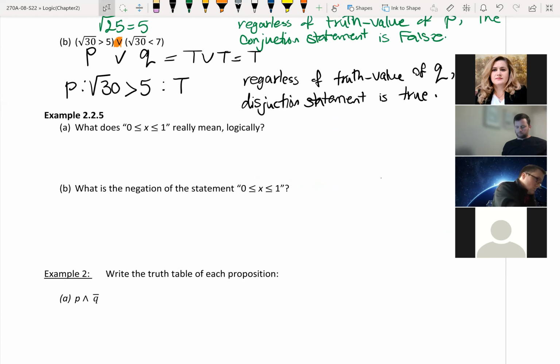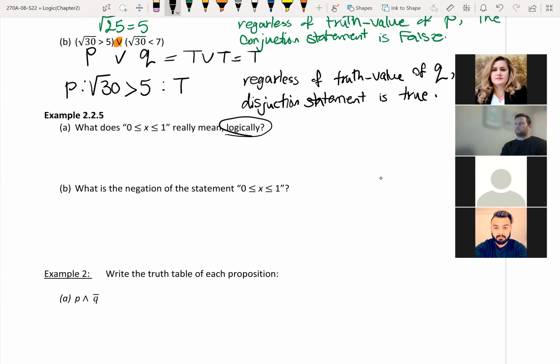Question here. How do I write x is between 0 and 1 in logical notation? Is it disjunction or conjunction? Conjunction. It means x is bigger than 0 and x is less than or equal to 1.